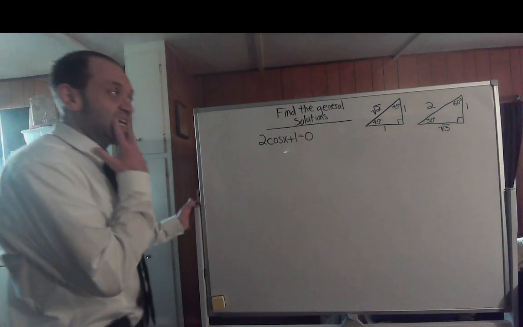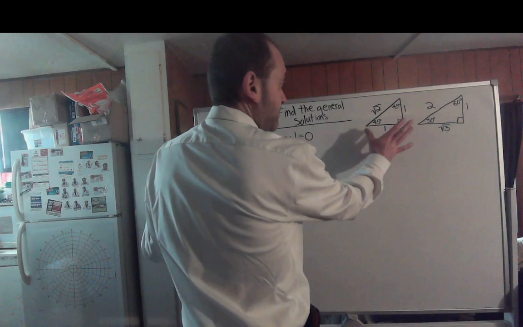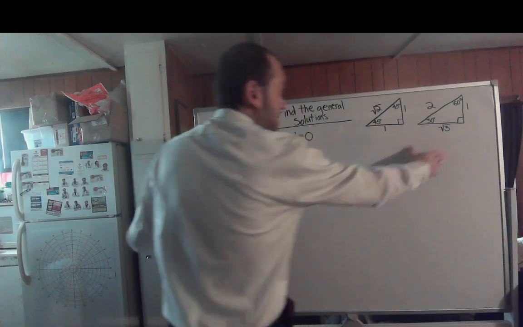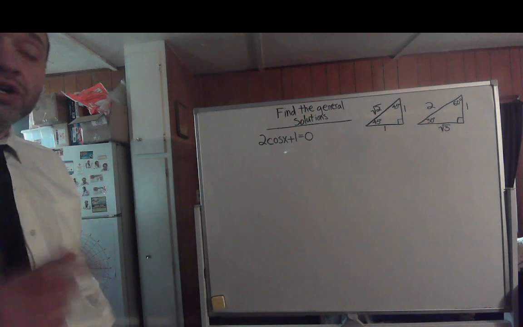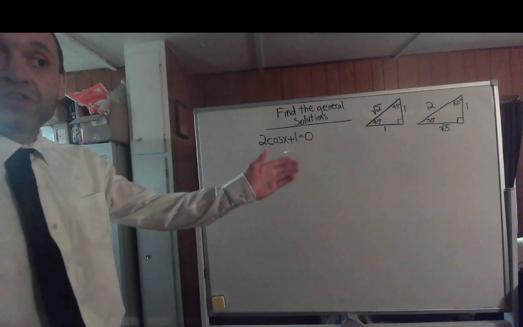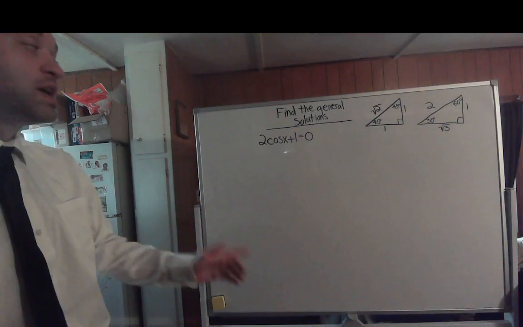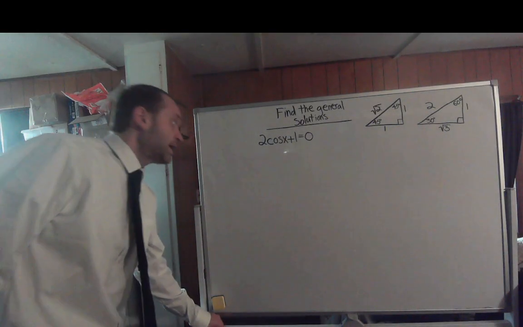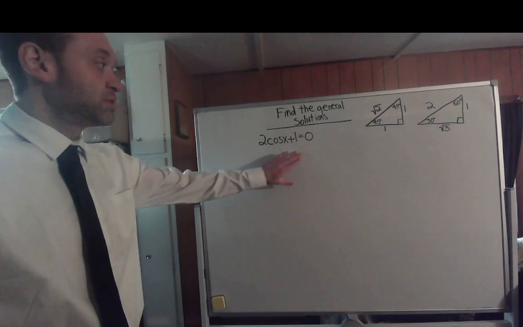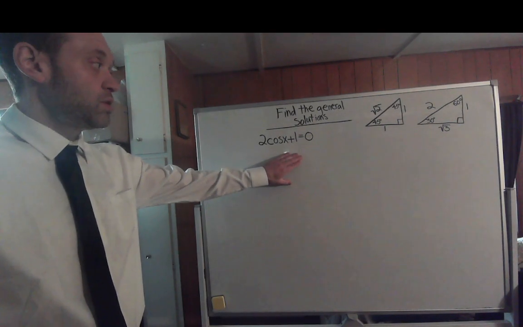And as you see, I drew some 45, 45, 90 right triangles and 30, 60, 90 right triangles, and I would encourage you to do the same when you go to solve these, because you'll have those ready to reference. So, okay, we have 2 times the cosine of x plus 1 equals 0.